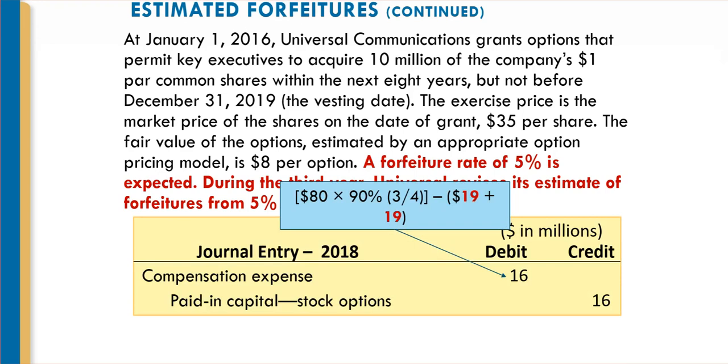Well, in 2018, you're going to say, if 90% of my employees will exercise these options, and the value of the options is 80 million, then I guess at the end of the 4 years, I should have 72 million in paid-in capital stock options.